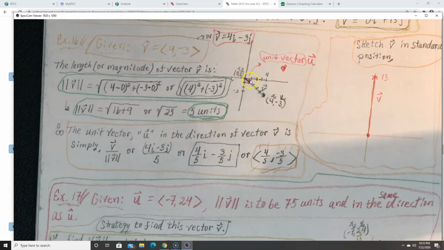So if you divide this up into 5 equal pieces, 1, 2, 3, 4, 5, we want the first one from here to here. That's what they want us, and that is 1/5 of vector v. 1/5 of it.